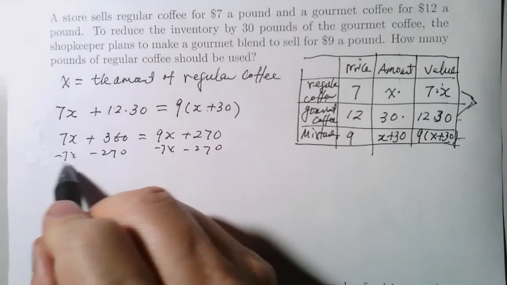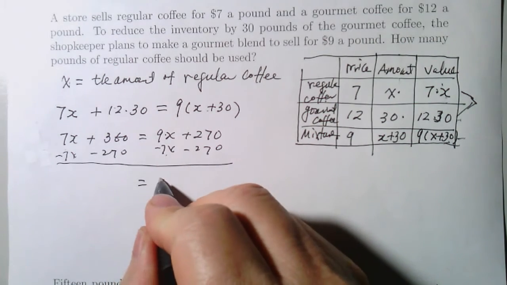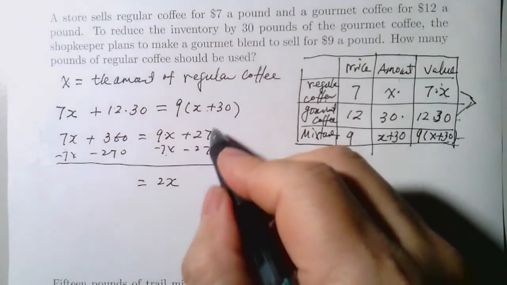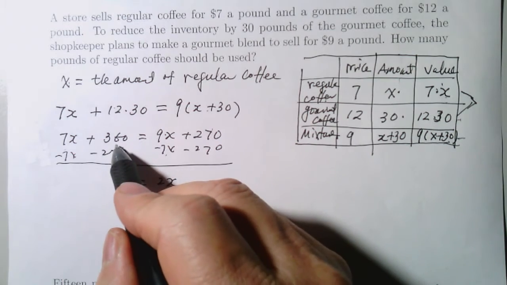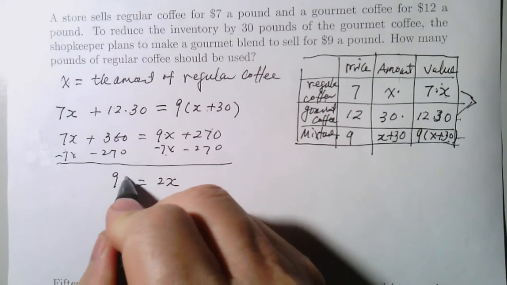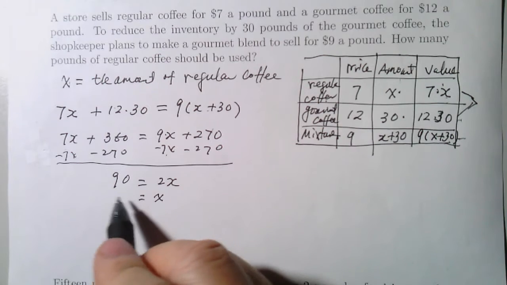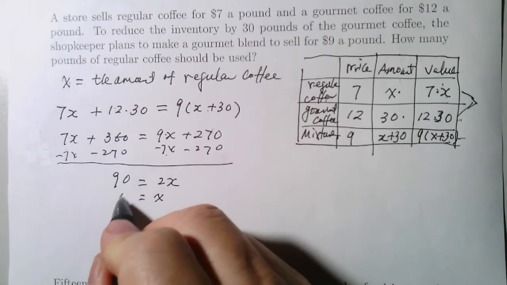That will give us 9x minus 7x, which is 2x, and 360 minus 270 gives us 90. To solve for x, both sides are divided by 2, so x is 45.